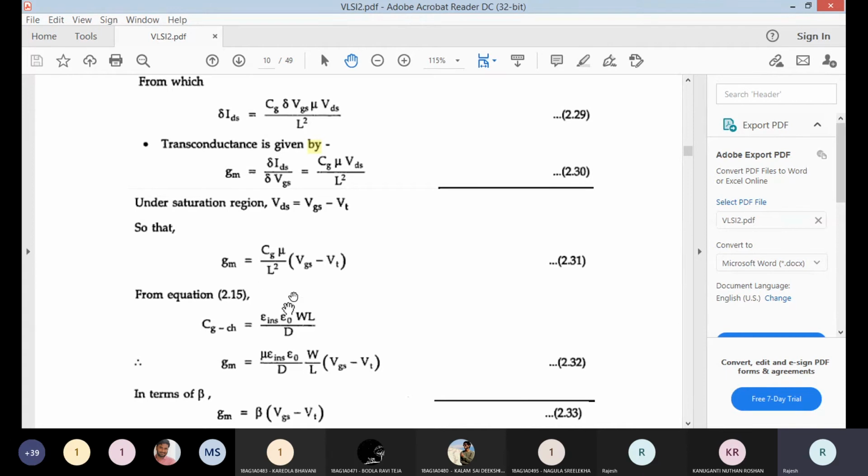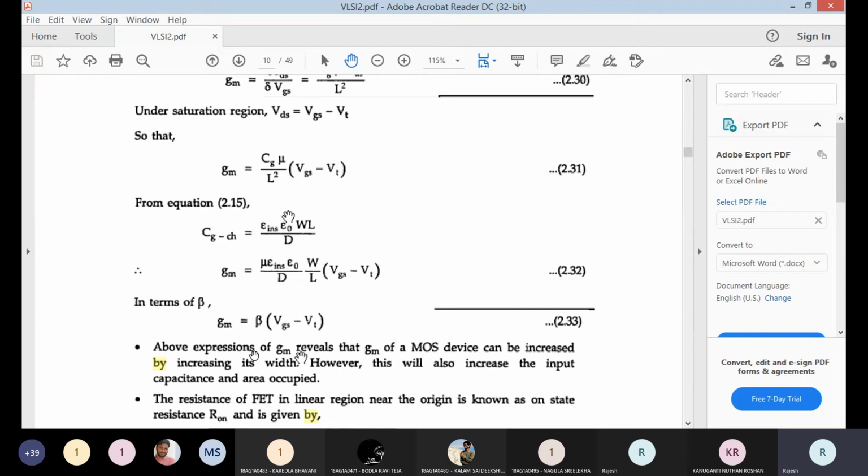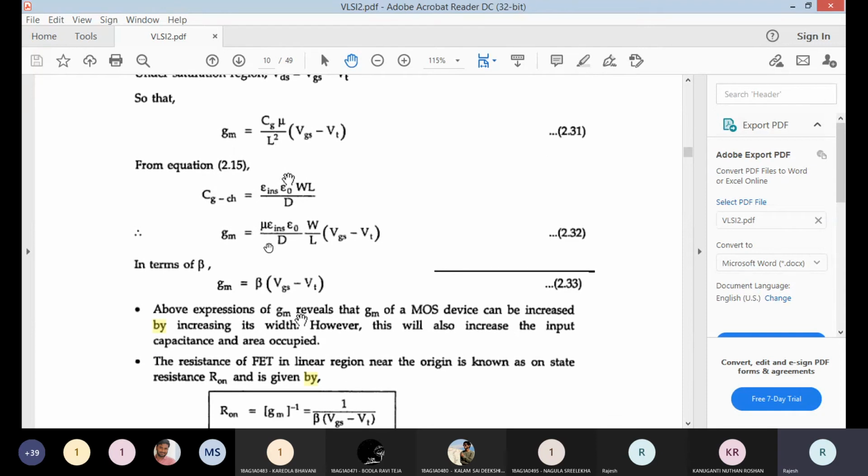Again, we are going to cover a few more equations you can generate. Already we have the gate to channel voltage and gate to channel capacitance. This equation which I'm showing, you substitute in CG, and you get one more equation, 2.32.